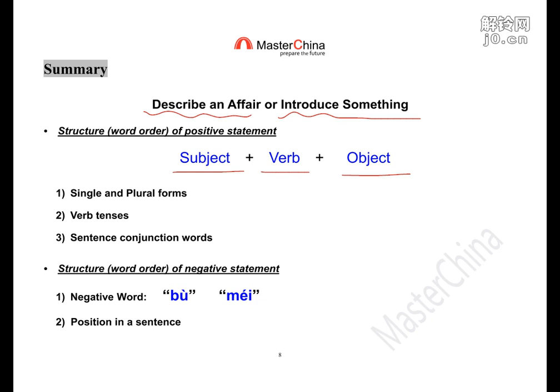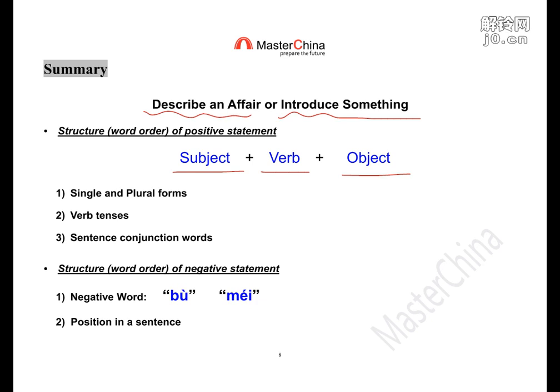All the sentence we will focus on the present tense, no past tense or future tense. Third one is sentence conjunction words. So but, while, and cannot be used between the sentence. So and only are used in between the noun, not sentence. So that's all the idea of the positive statement.